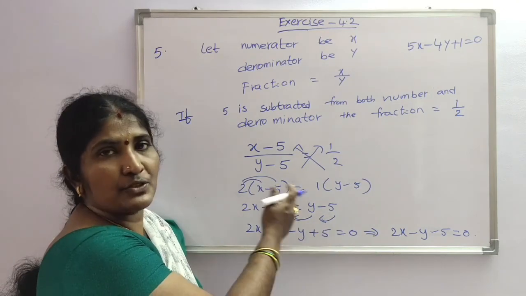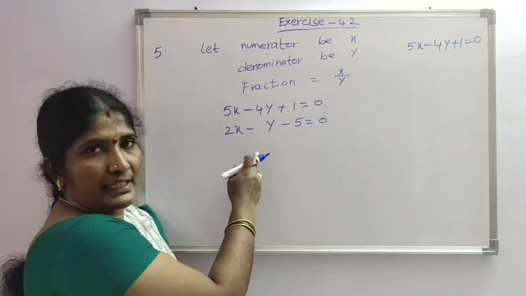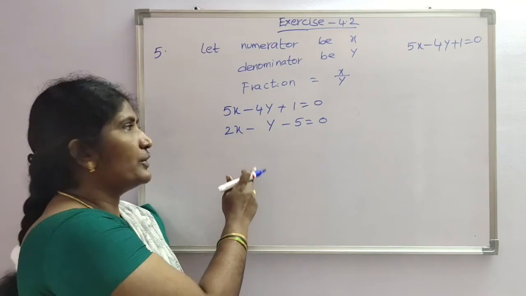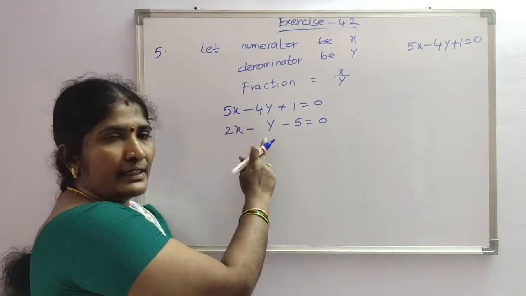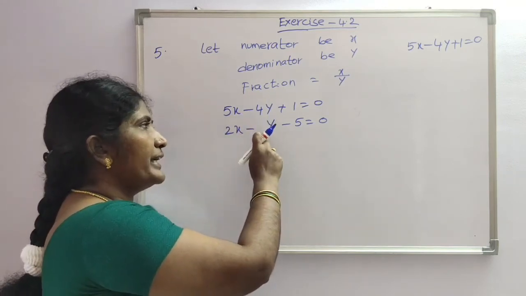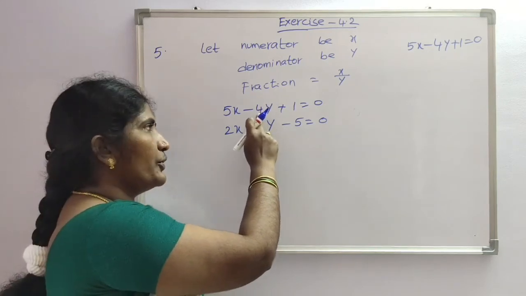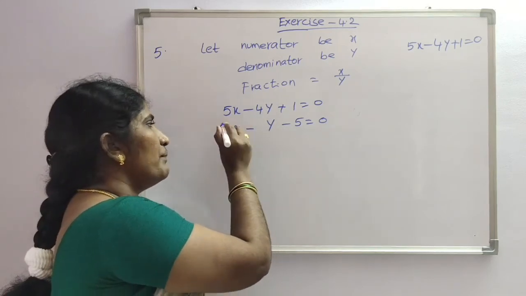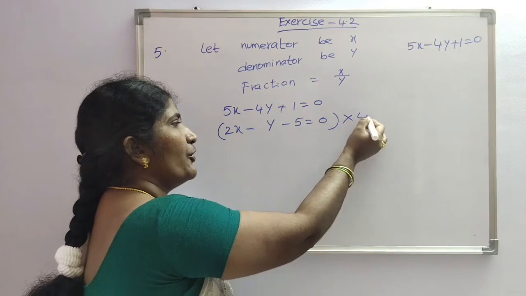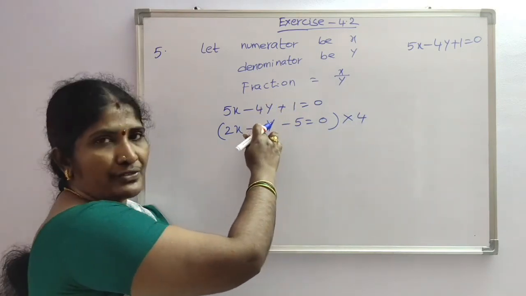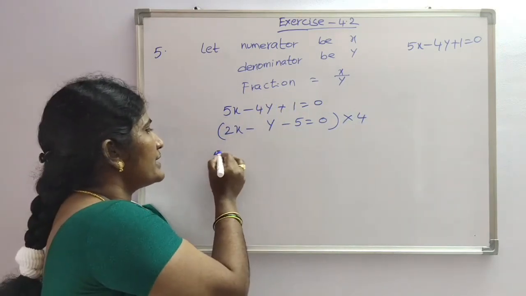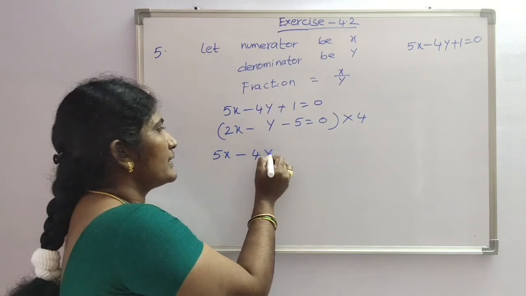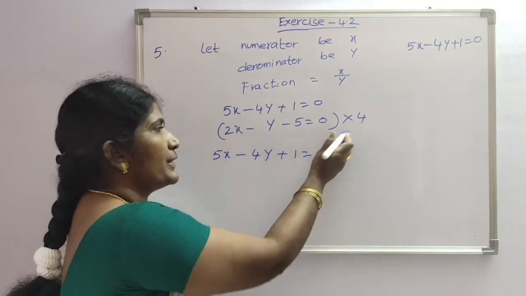Now solve the equations to find the fraction. Equalize any one of the coefficients of x or y. Here it is better to equalize the coefficients of y. Here the coefficient of y is 4. If you multiply the second equation with 4, then we can get the same coefficients of y. The first equation stays like that only, 5x minus 4y plus 1 is equal to 0.